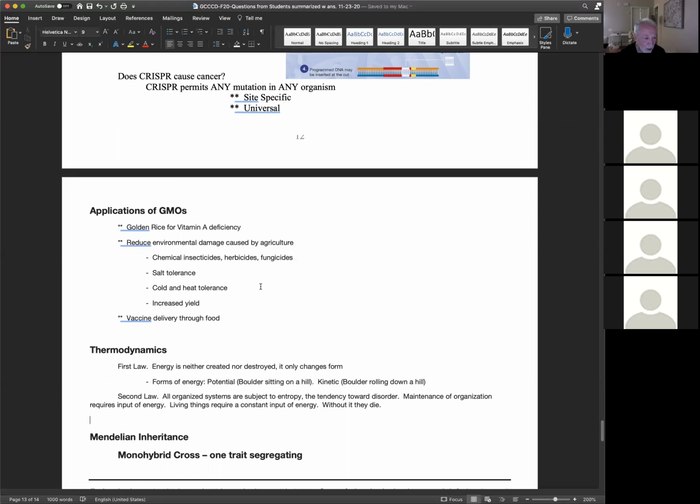GMOs are used commonly in agriculture to reduce the need for chemical pesticides like insecticides, herbicides, and fungicides. They can be used to make plants resistant to salty soils, resistant to cold or hot temperatures.